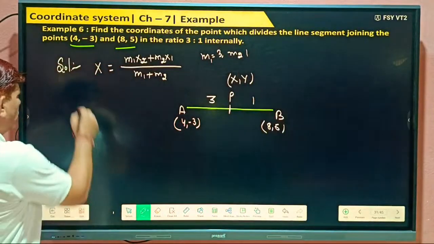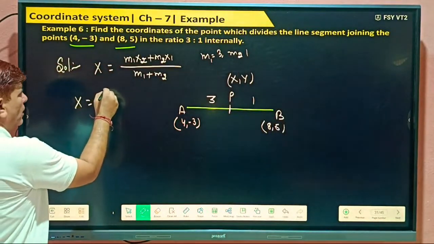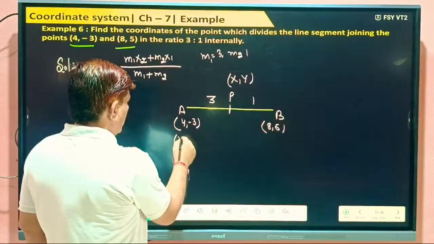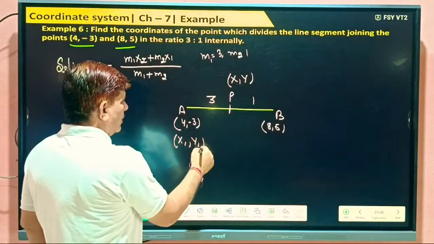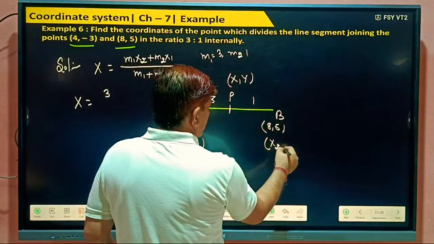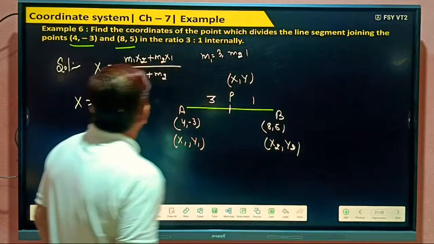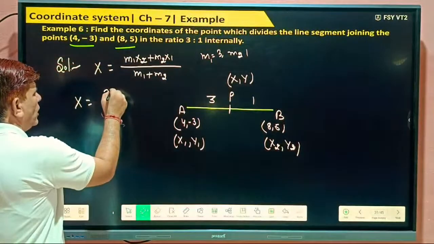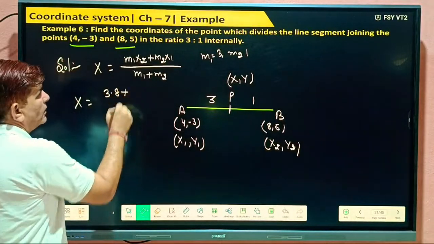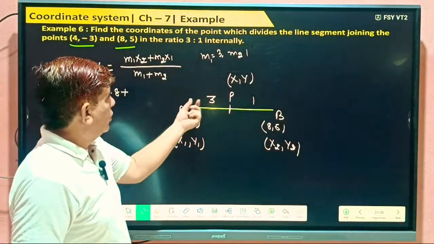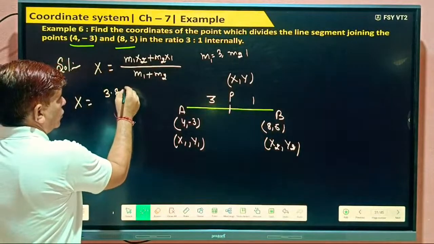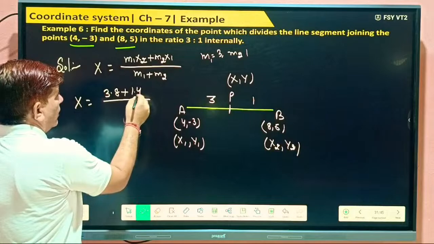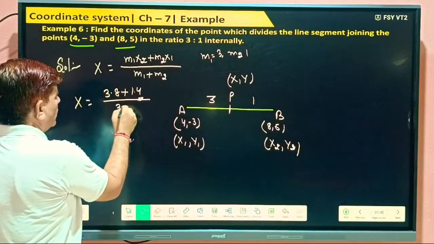So the x coordinate is equal to 3 into x2, which is 8, plus M2 (1) into x1, which is 4, divided by M1 plus M2, 3 plus 1, 4.